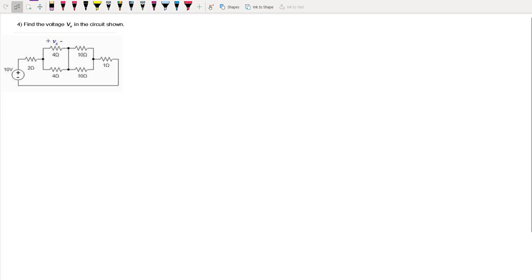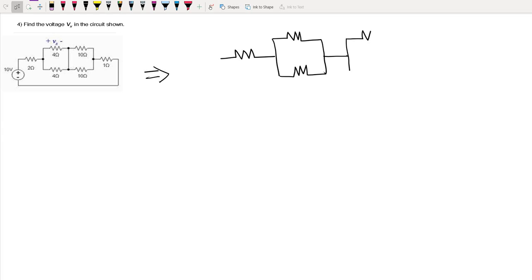See, in this circuit there is one 2 ohm resistance, which is in series with the parallel combination of 4 ohm and 4 ohm, then that is again in series with the parallel combination of 10 ohm and 10 ohm. So those three elements are in series with one more resistance.